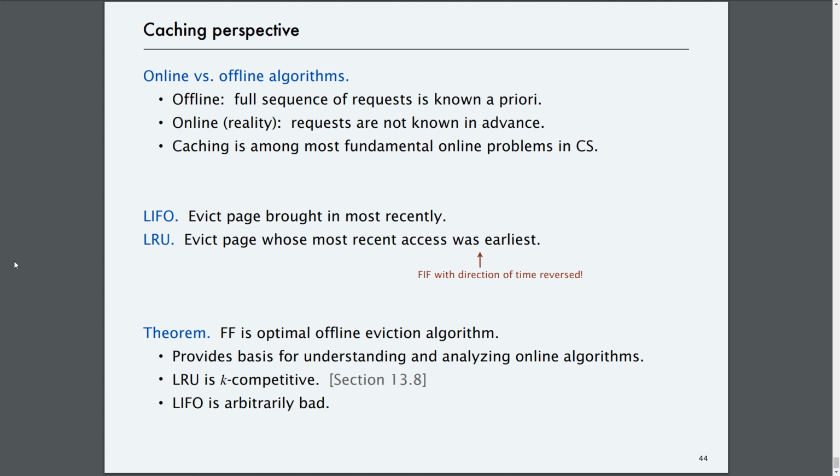But let's talk a bit about online versus offline. So most of the problems you'll do are offline. And that's when you get the entire input just in one go. So you'll know the entire sequence of requests beforehand.